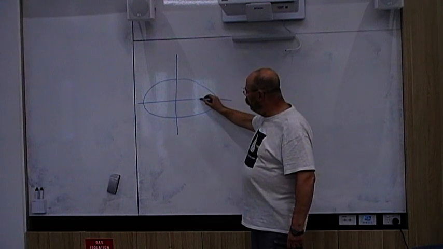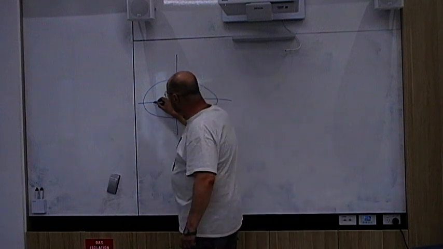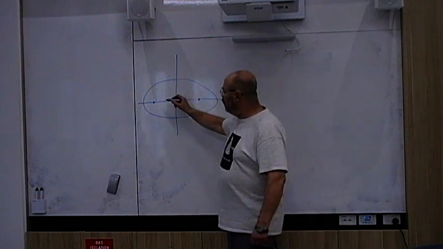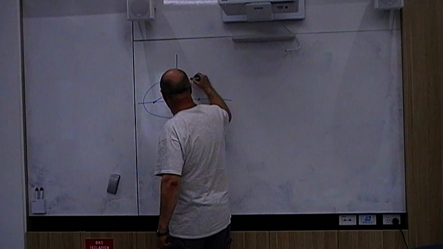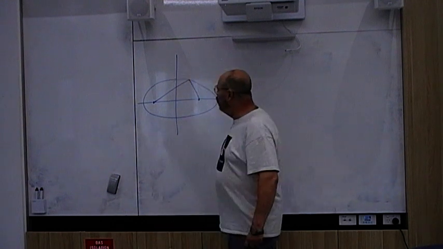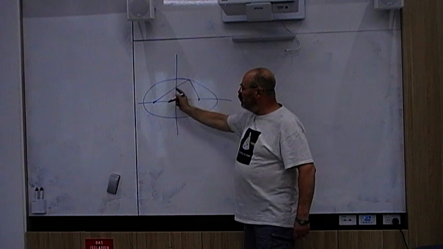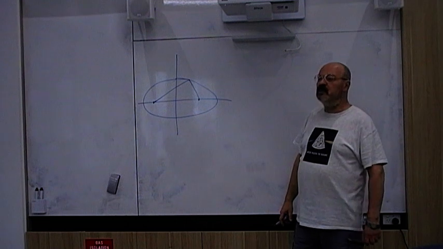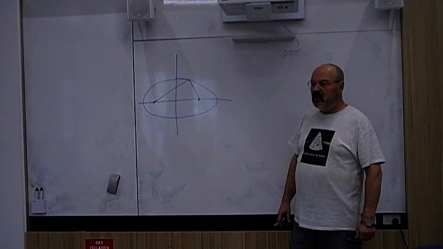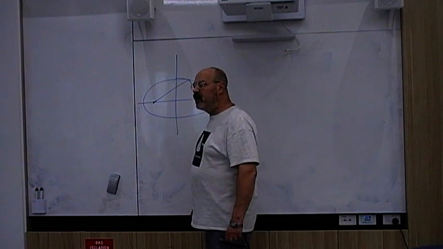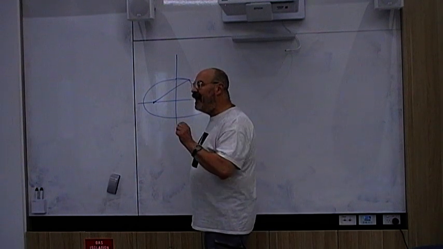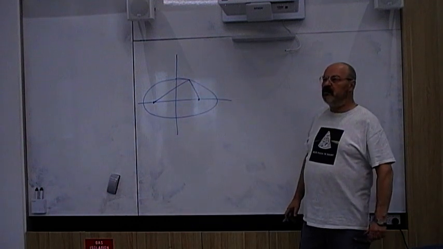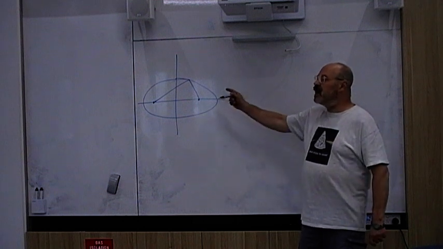If you take 2 points, which are called focal points, foci, then the sum of the distances from any point on the ellipse to each focal point will be the same for all points of the ellipse. So is the focus like in a parabola? With the parabola it was the same distance to a point and a straight line. Here it's not the same distance, it's a sum of the distances.